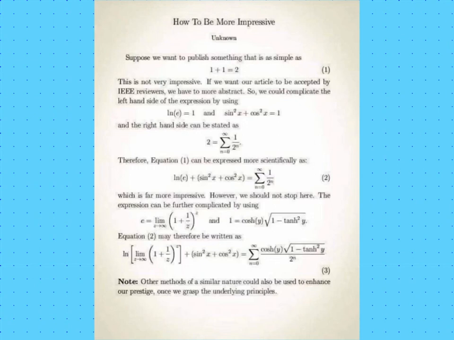So we could complicate the left-hand side of the expression by using natural log of e equals 1, and sine squared plus cosine squared of x equals 1. And the right-hand side can be stated as 2 equals the sum from n equals 0 to infinity of 1 over 2 raised to the n, and so on and so forth.